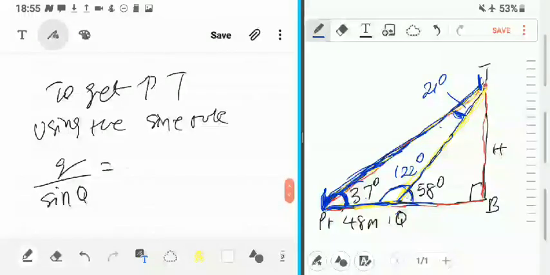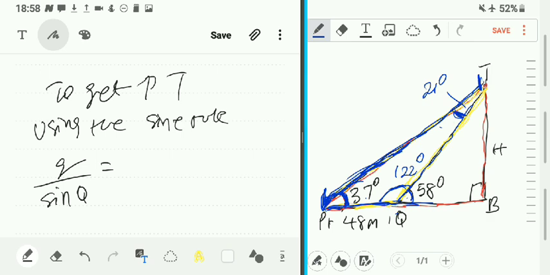Q over sine Q is equal to, then which side is completely given, such that we have the angle and we also have the side?